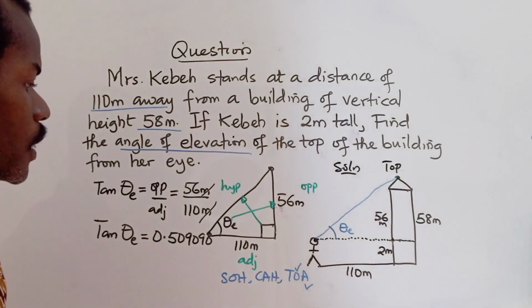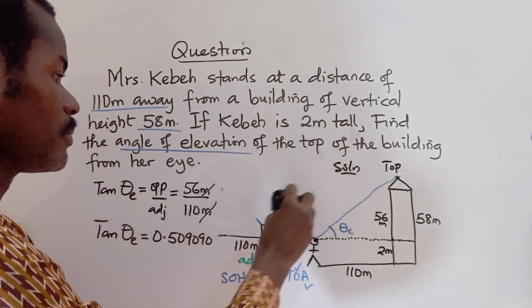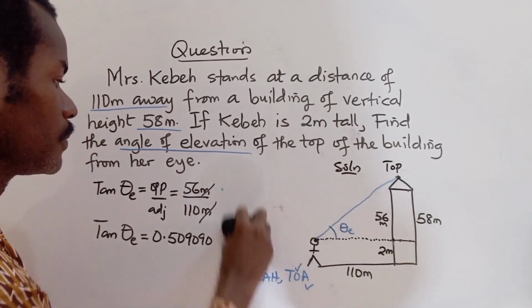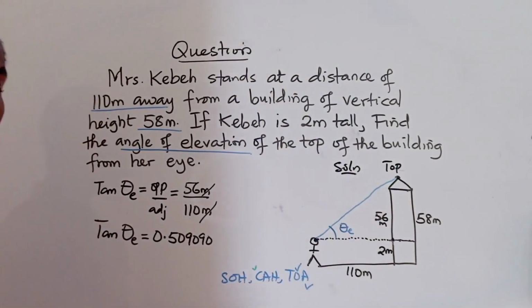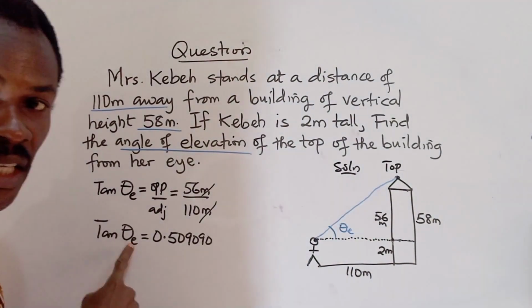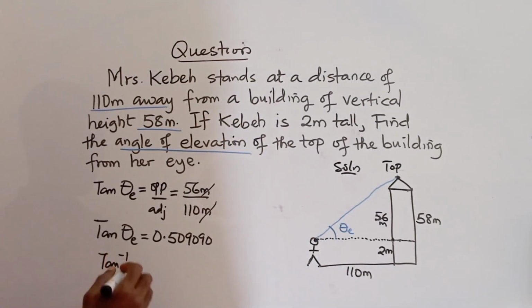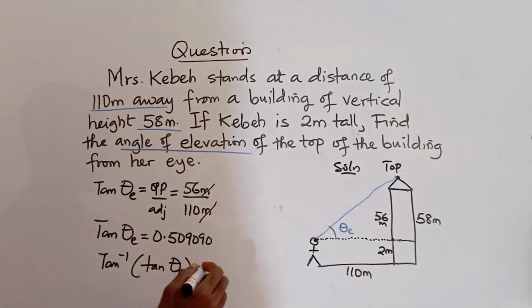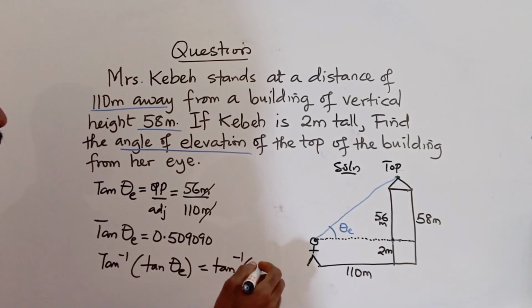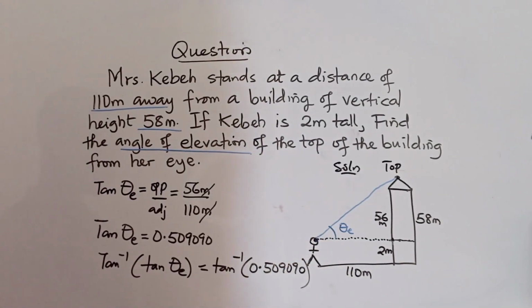Okay, now that we have this, we can find the angle of elevation by taking the tan inverse of this, which is the tan inverse of the tan of the angle of elevation, and we're also going to take the tan inverse of 0.509090.